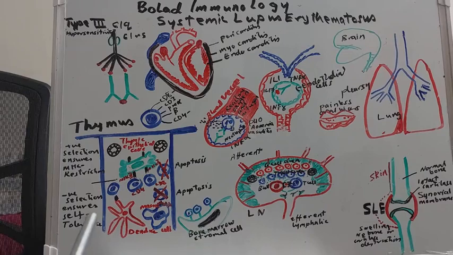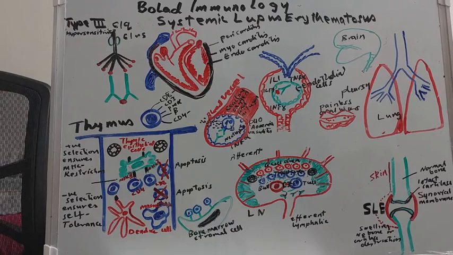However, in some instances, some autoreactive T cells may escape, and some of these express a cluster of differentiation known as CD25, and they become regulatory T cells.